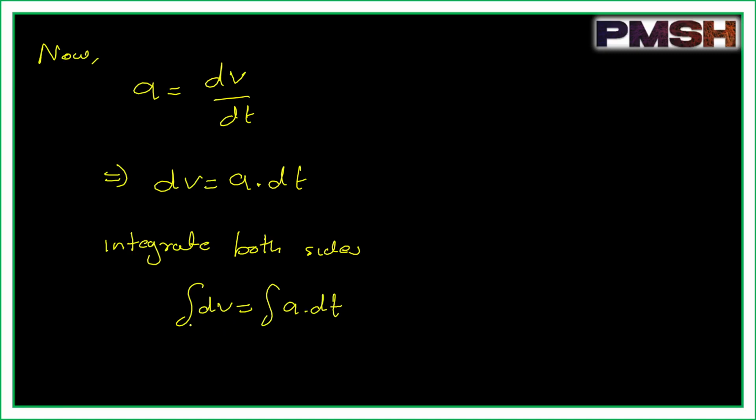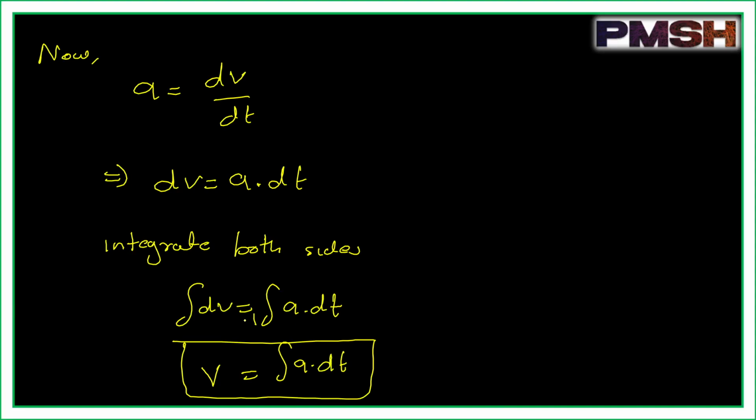What is integral dv? Integral dv will be v. So V is equal to integral A dt. You remember this formula very well. Clear?